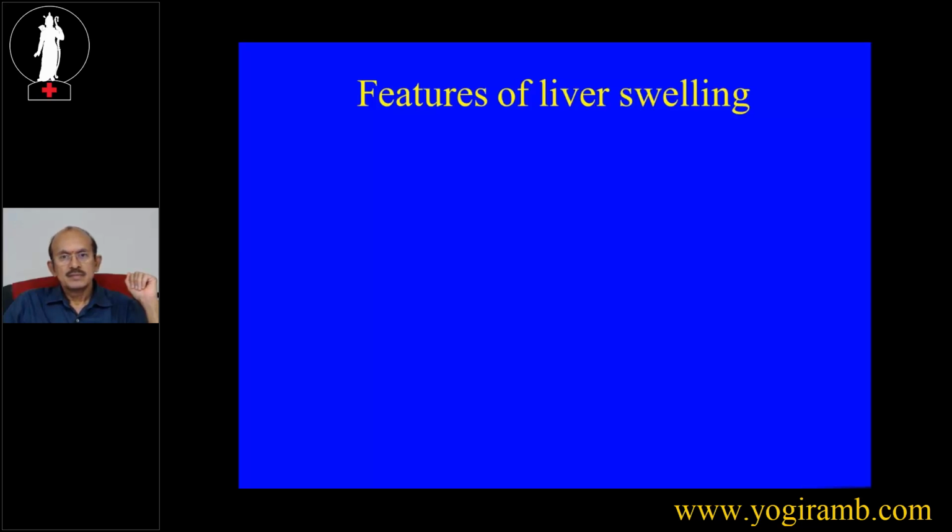Moving with respiration. Very good. It will be continuous with liver dullness. Yes. Number two, it is continuous with liver dullness. That means it is dull on percussion and continuous with liver dullness.